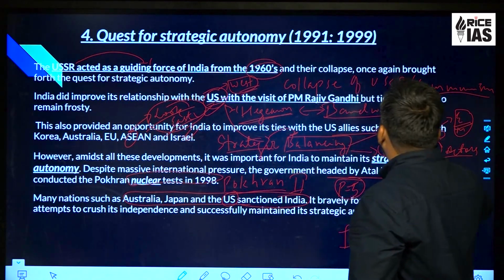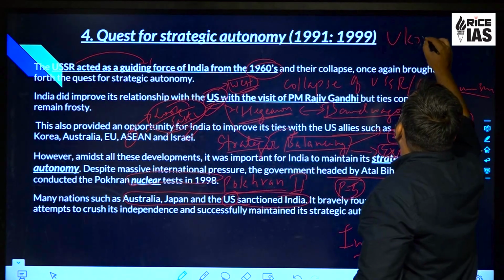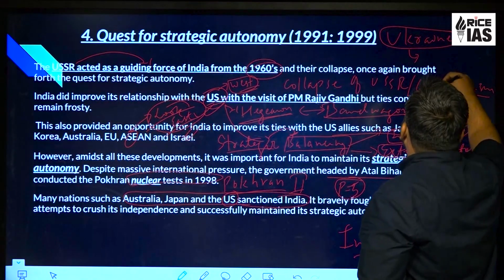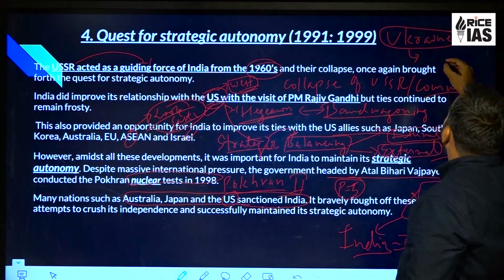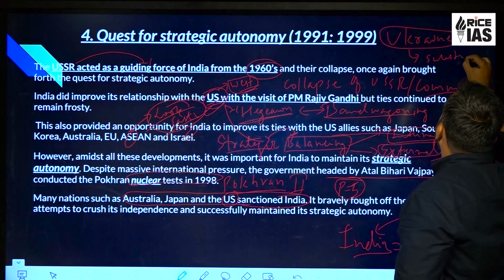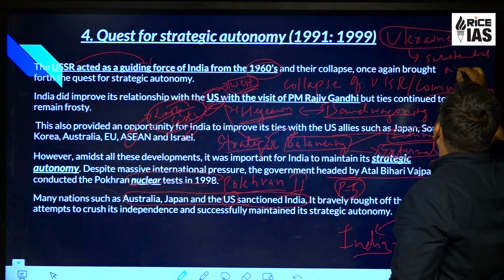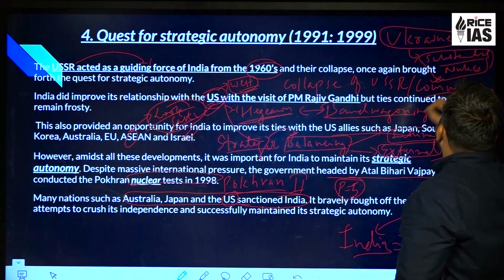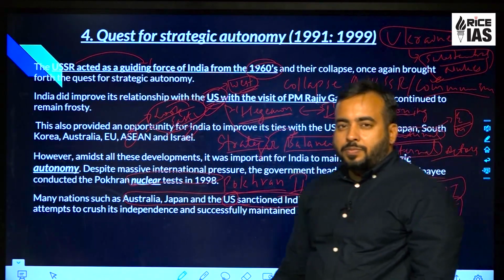We can learn a lesson from Ukraine. Ukraine was having one of the largest, if not the largest, substantial nuclear arsenals in the 90s, but it destroyed them under certain conditions.